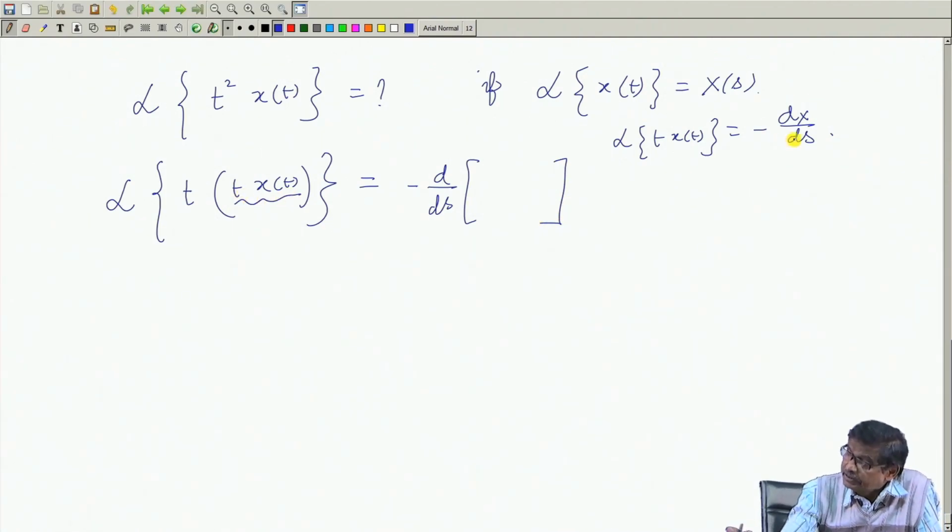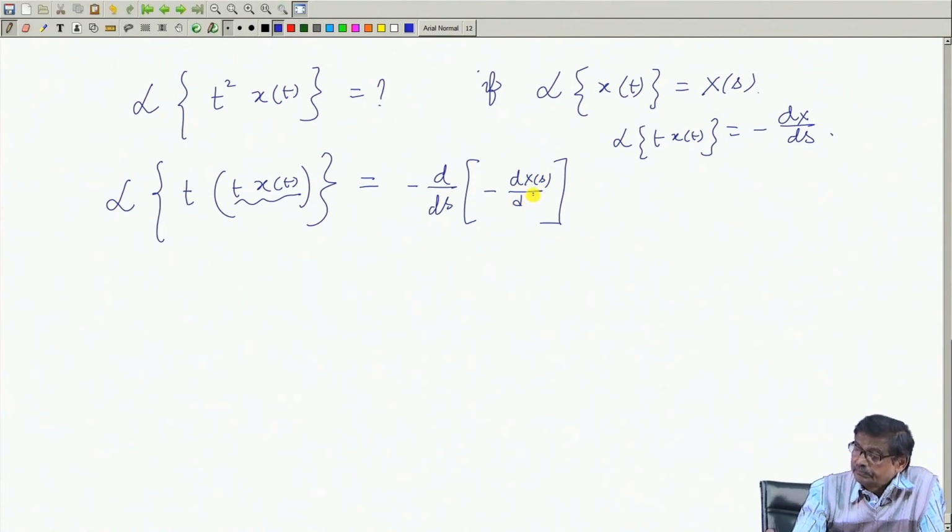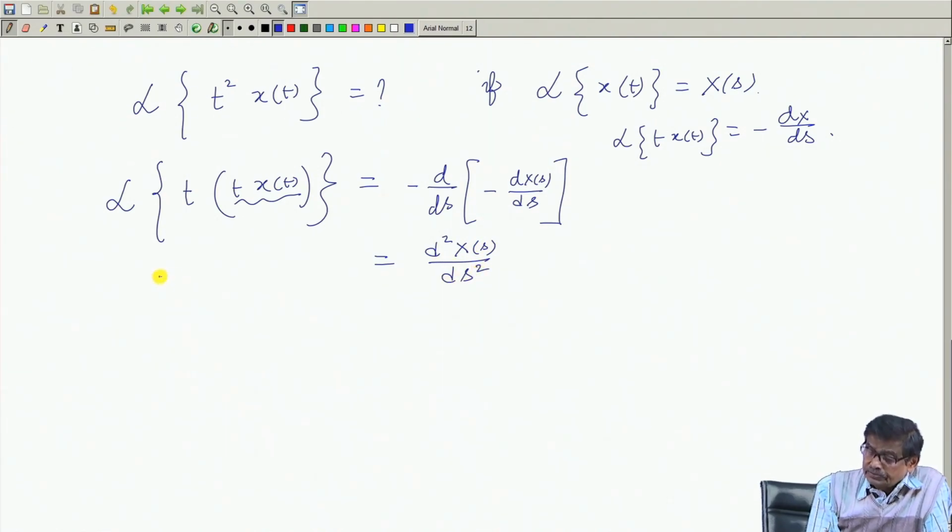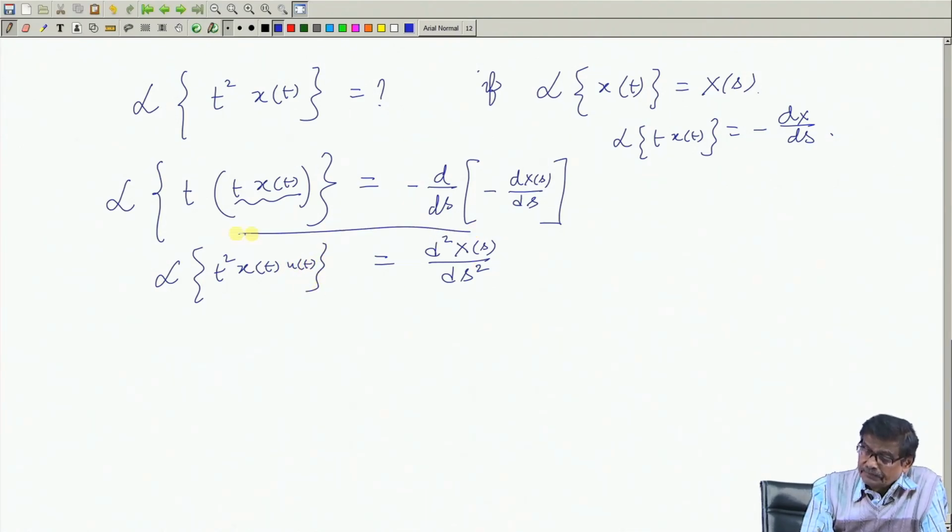This quantity's Laplace transform is minus dX/ds. So, put it here, and it will come out to be d squared X(s)/ds squared. So, the Laplace transform of t square into x(t) u(t) is this one.